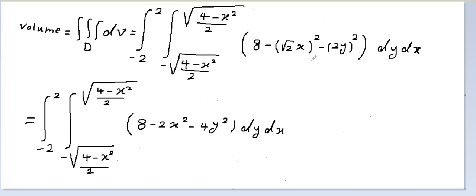So that's why I'm going to use substitutions twice, step by step, to make the integral easier for you. First I write it in this way because, roughly speaking, I want to convert this elliptic equation to a circular equation. Let me erase this one first.